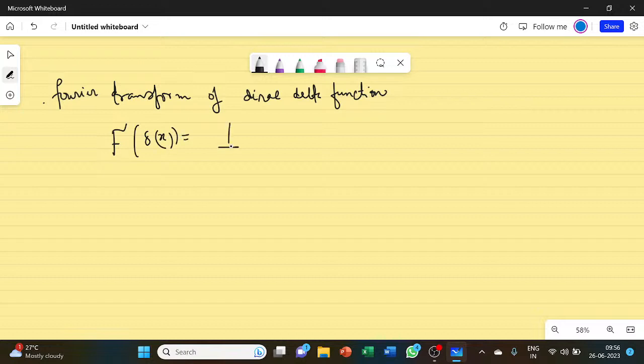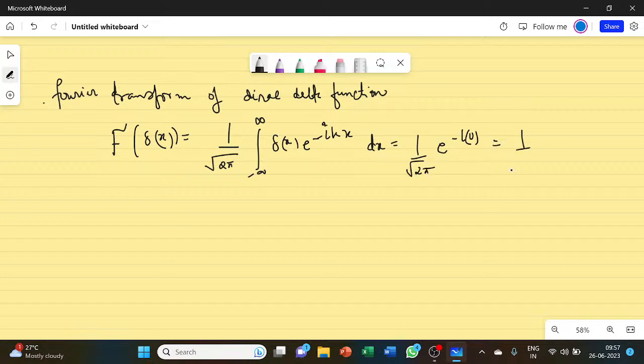It will be equal to 1 upon root over 2 pi, integral from minus infinity to plus infinity. I should write Dirac delta of x instead of f of x. I will write e raised to power minus iota kx delta of x dx, and this will be simply e raised to power iota 0. 1 upon root 2 pi would be there, so I'll get 1 upon root 2 pi simply. So this is how you write the Fourier transform of the Dirac delta function.